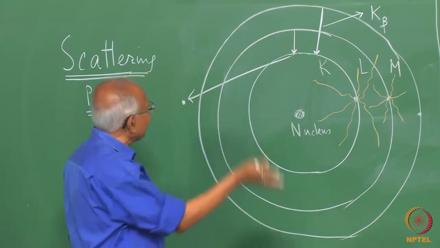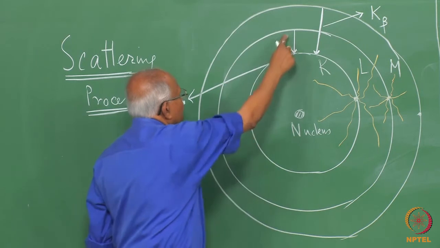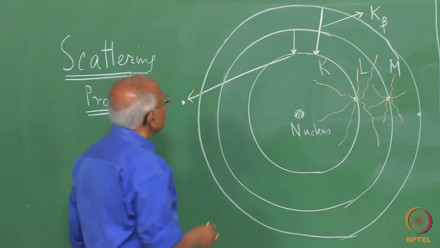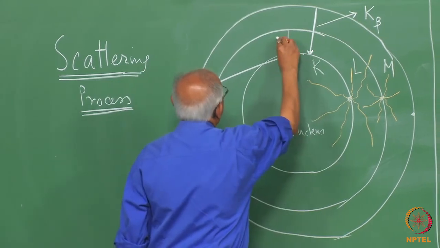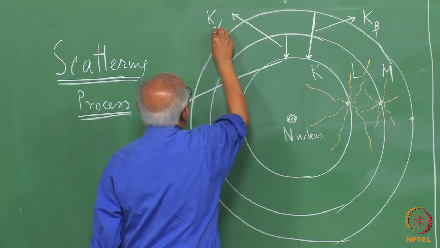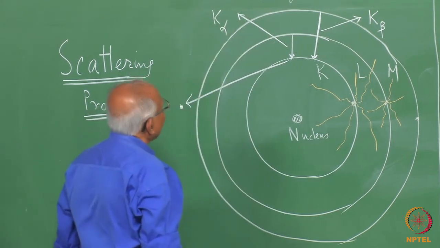So, it has to give up that extra energy in order to come to this position. That extra energy comes out as a characteristic radiation, which is known as the K alpha radiation. So, what will happen?